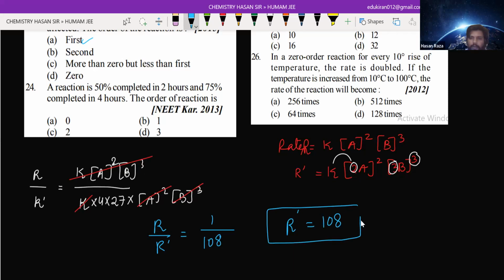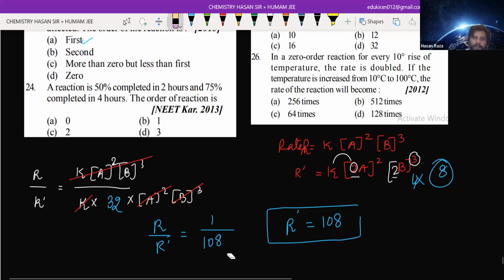Oh, just wait a minute. Twice we should do it. Here it is not thrice. Basically, in the question it said double. So what will it be? 2 2 is 4, 2 cube means 8, and 2 2 is 4. 4 into 8 is 32.